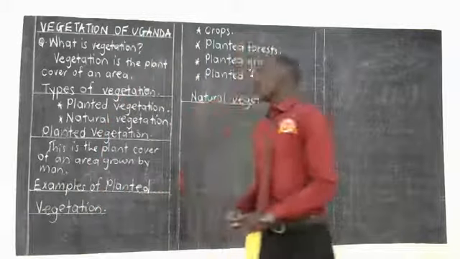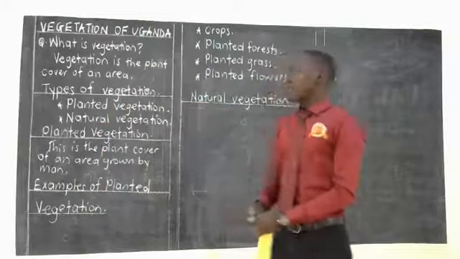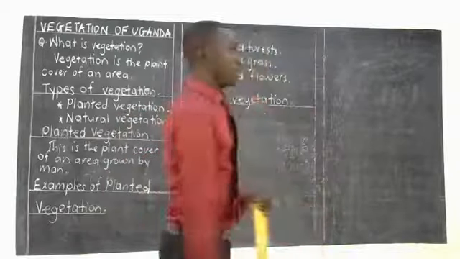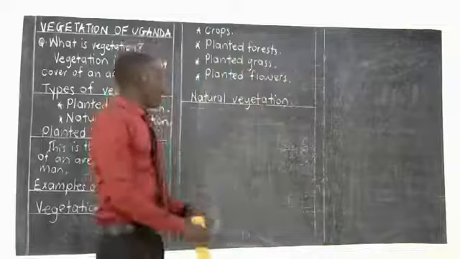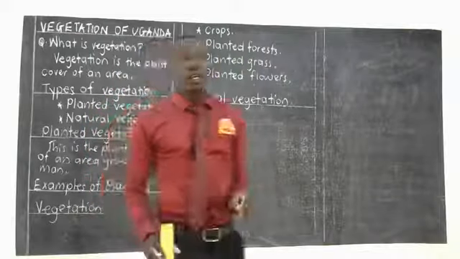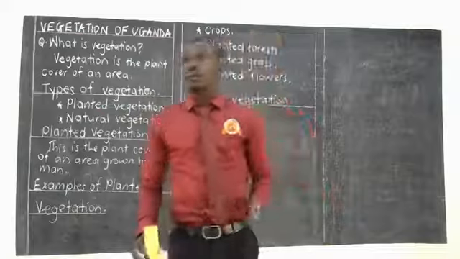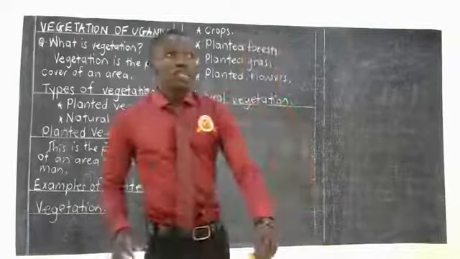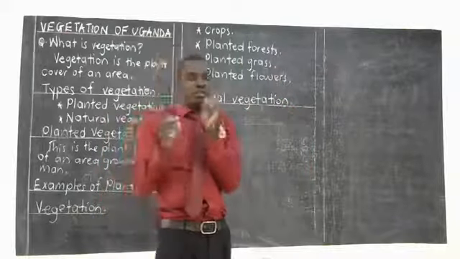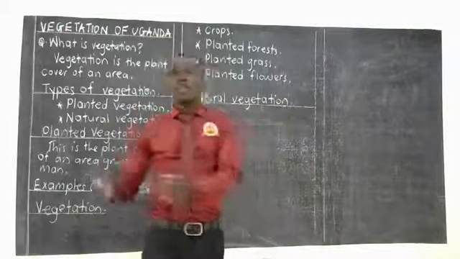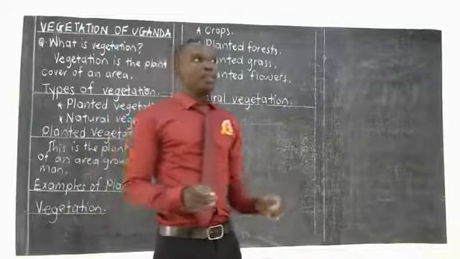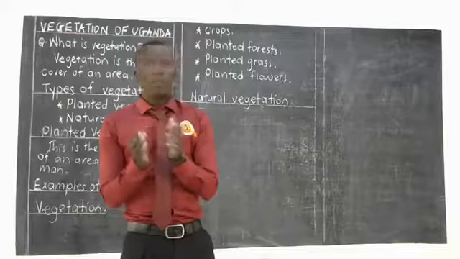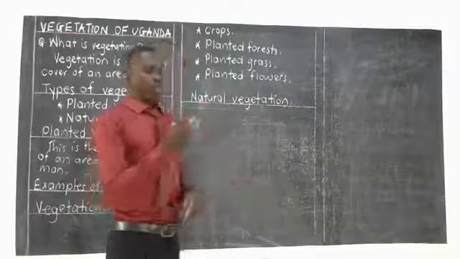Well, if you are here, you help me define that, just as we defined planted vegetation. Natural vegetation by definition means the plant cover of an area that grows on its own. It is important for us to know that whatever grows in an area as a plant that does not have the influence of man, we put under natural vegetation. You can write that.